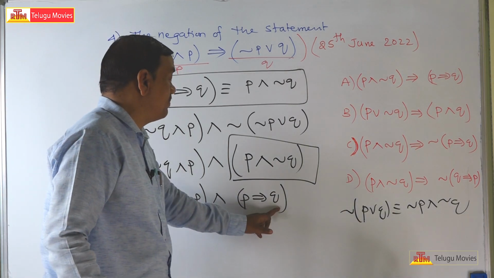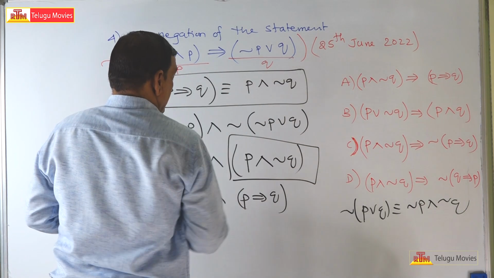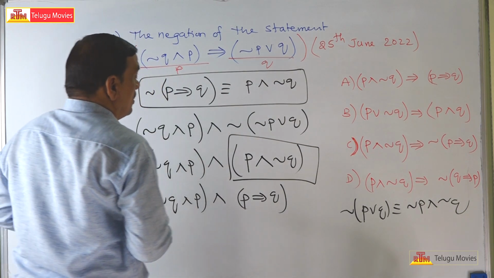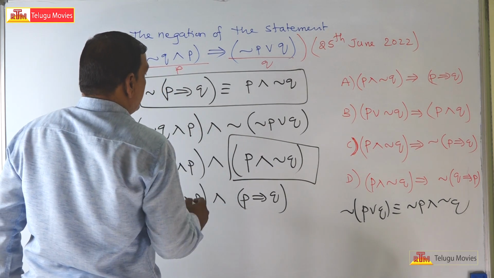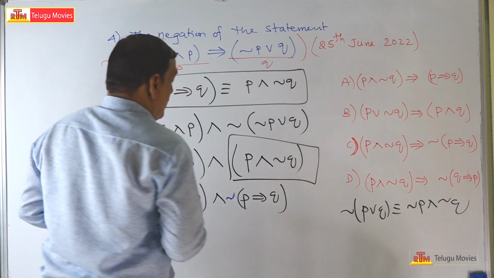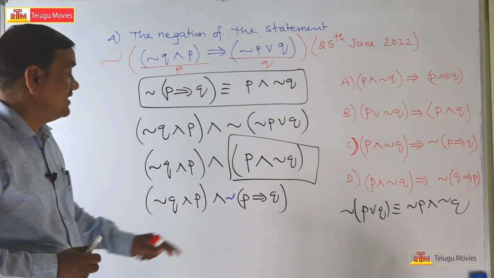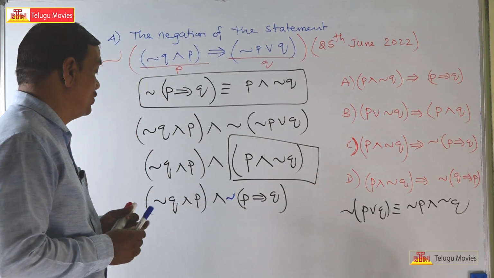Why? Because P implies Q is P and negation Q. Otherwise, we can take it as a negation of P implies Q. Can I write that the negation of P implies Q is P and negation Q? P and negation Q, right?